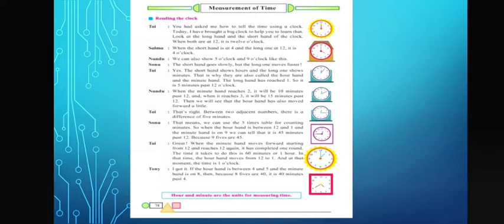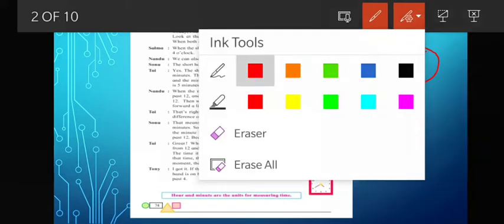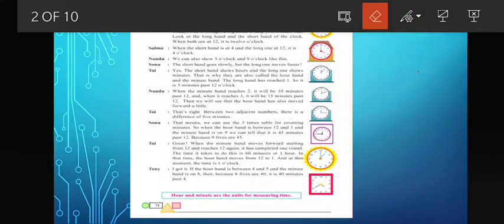When both are at 12, it's 12 o'clock. So for example, there is a clock, this is 12. When both the hands, okay, let me draw for you. See, this is a big clock.